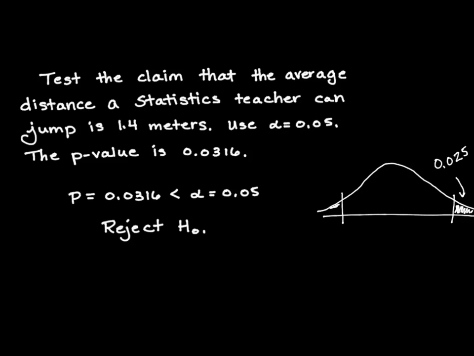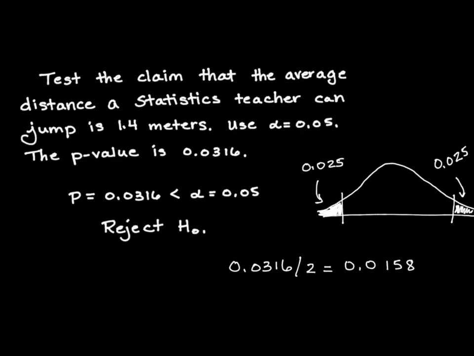So in this case, I don't really need to know which distribution I'm using. I'm just going to consider this 0.025. And my p-value is 0.0316. So what I can do is take that and divide it by 2, and I get 0.0158. Sounds right.